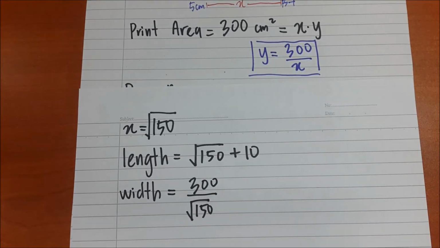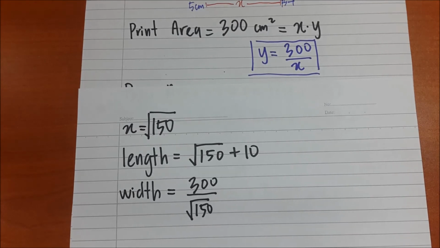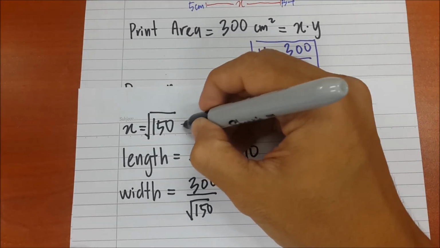If you press your calculator, you're going to get roughly 12.25 for square root 150.